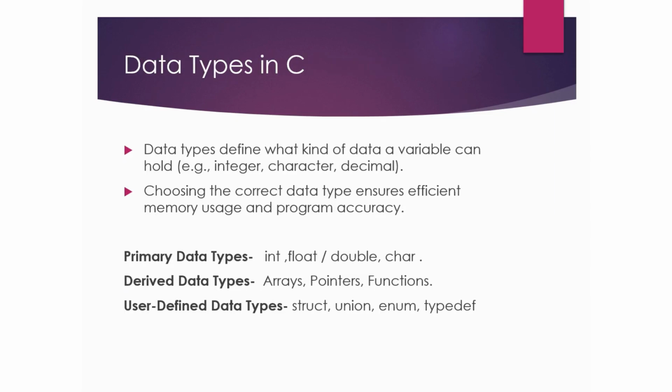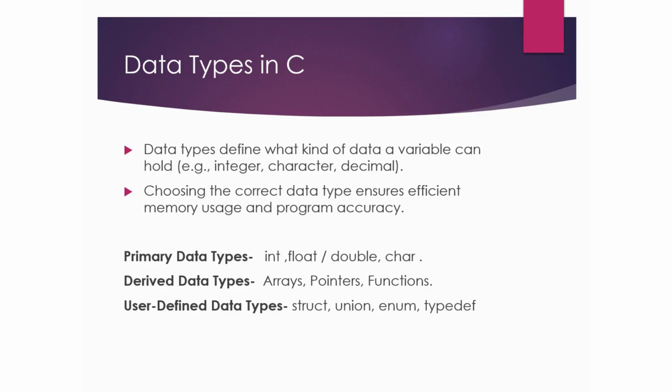Then coming to data types in C. Data types define what kind of data a variable can hold. Example, integers, characters, decimals. Choosing the correct data type ensures efficient use and program accuracy.